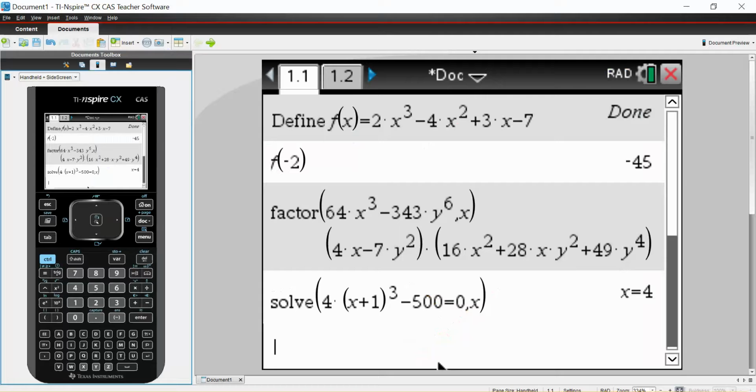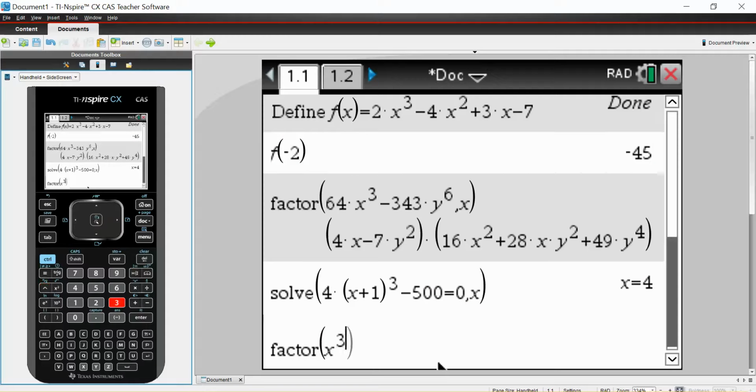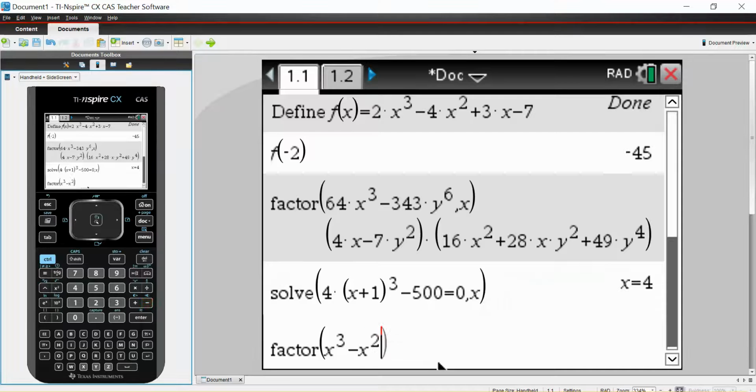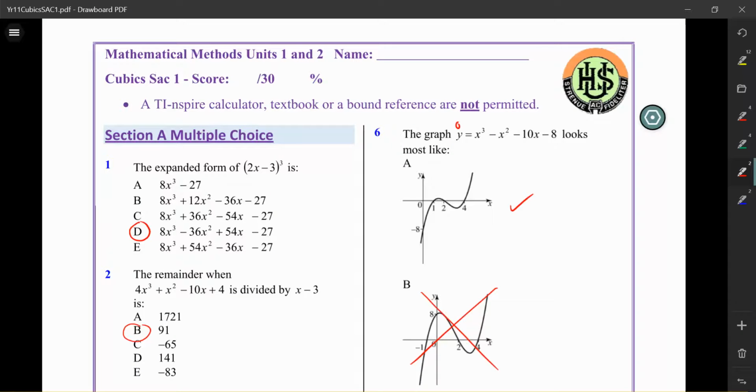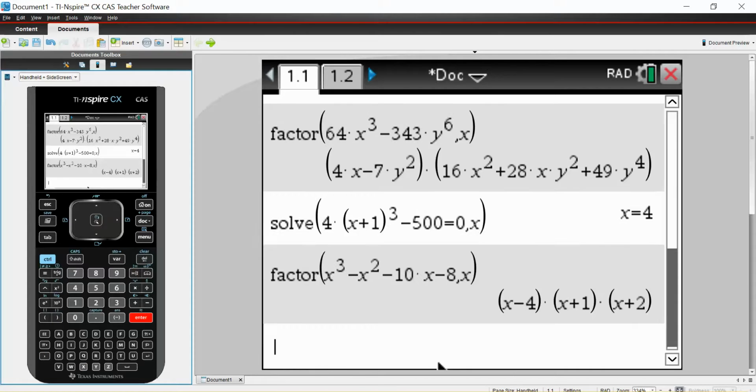Now, there's two ways to do this. You can try to factorize it first. So factor. So menu 3, 2, factor. And you go to x cubed minus x squared minus 10 times x minus 8. Oh, sorry, we're not solving, we're doing factor. So, comma x. It factorizes it for you, so here we go.